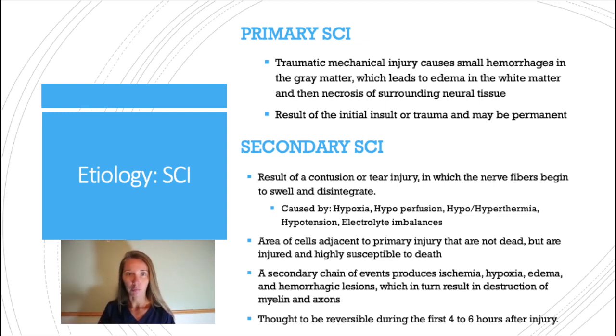This, with the appropriate medications, the appropriate treatment, is thought to be reversible within the first 6 hours of our primary injury. So we have to act quickly for the patient who has a spinal cord injury to prevent this secondary injury from occurring.